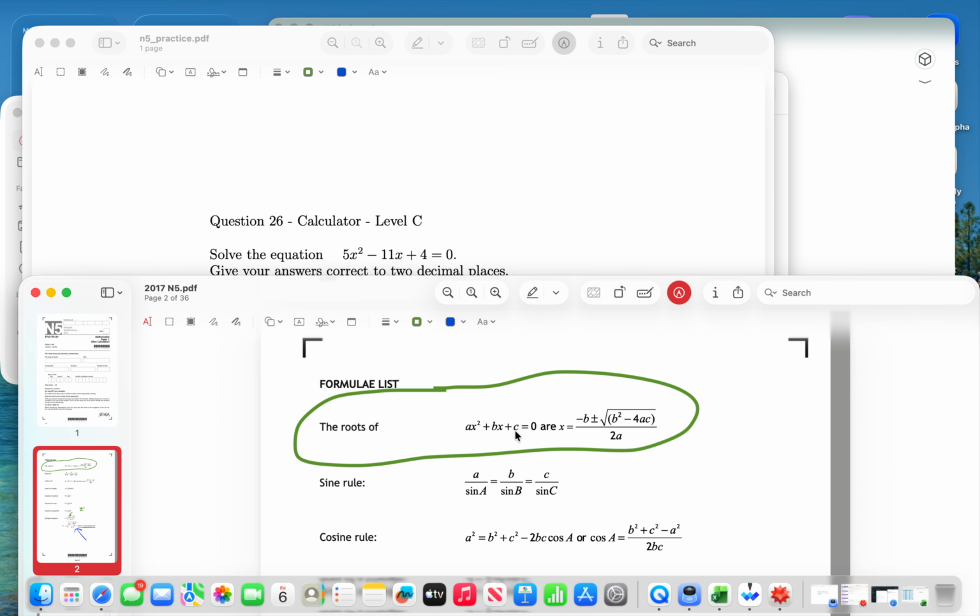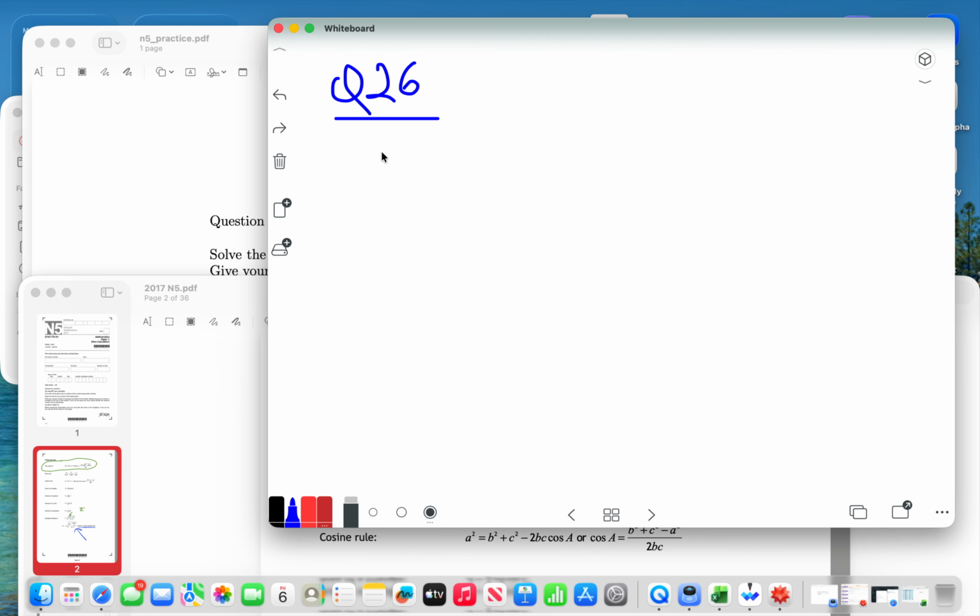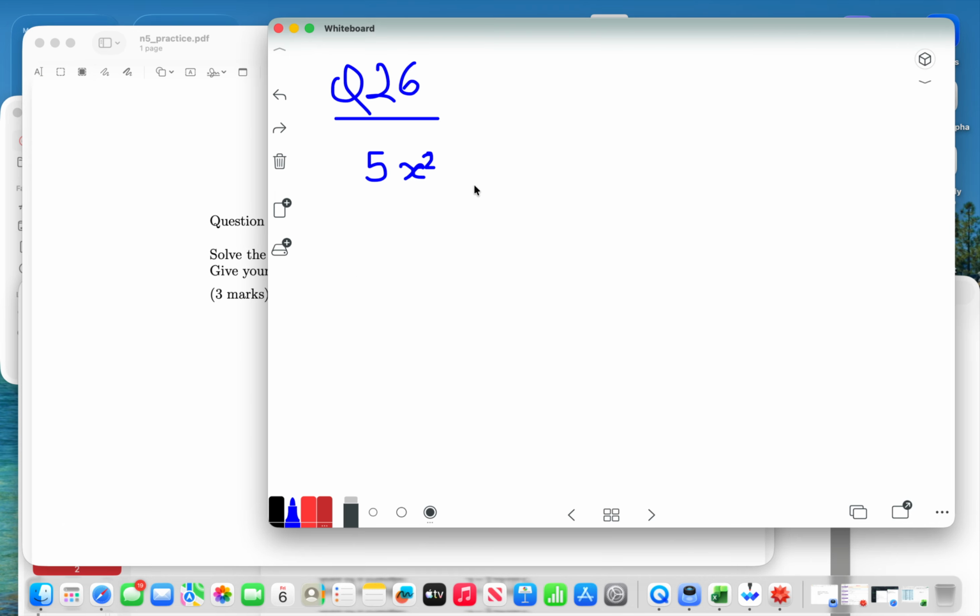So the first thing we want to do is find our values of A, B and C. So 5x squared minus 11x plus 4 equals 0.